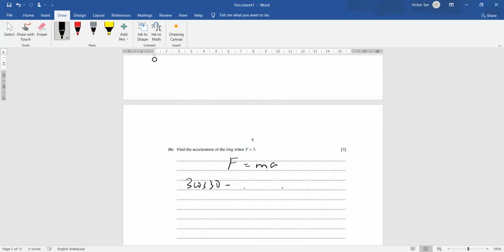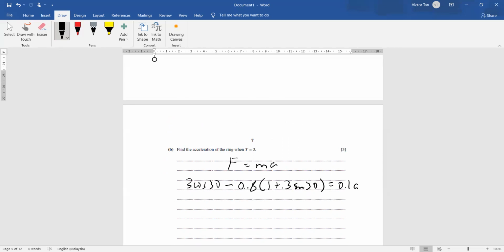So this is minus 0.8 times 1 plus 3 sine 30 equals 0.1a. 3 sine 30 is 1.5, so 2.5. 3 cos 30 minus 0.8 times 2.5.